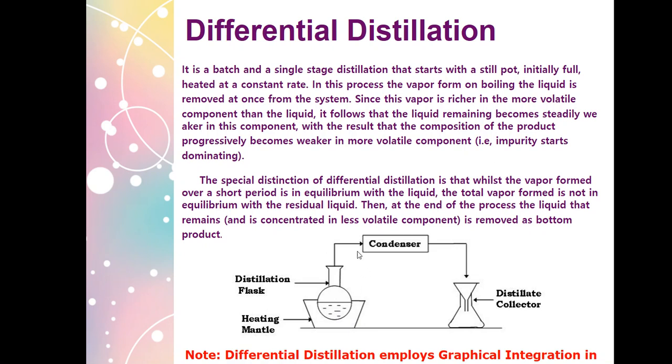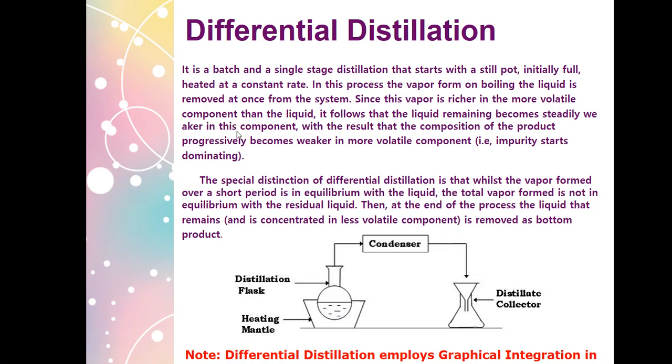Since the vapor here is richer in the more volatile component, that is the vapor that is being produced out of boiling the liquid inside the flask, it follows that the liquid remaining becomes steadily weaker.